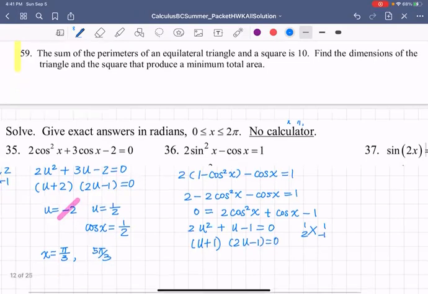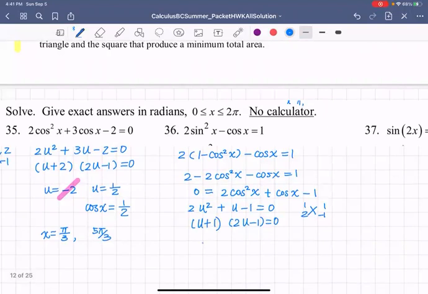And it's cosine equals -1 or cosine equals 1/2. And so x equals pi, or pi over 3 or 5 pi over 3.